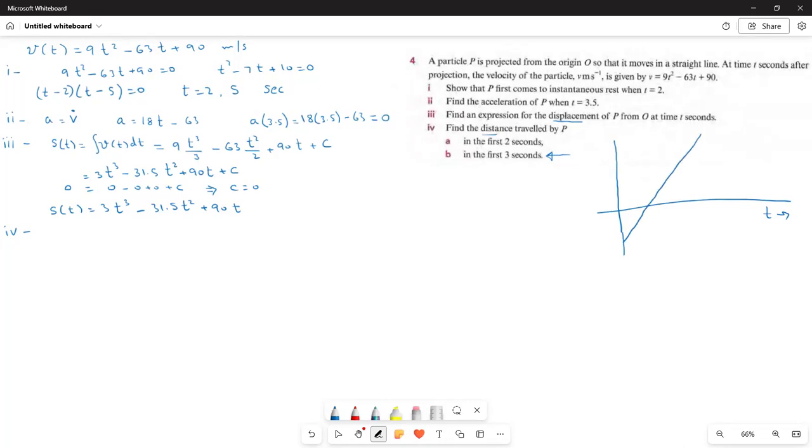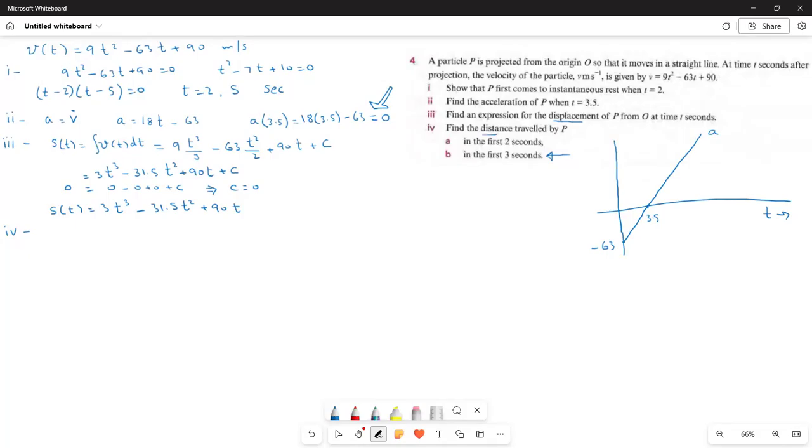At time 0, the acceleration was minus 63, as you can see from the expression. And at 3.5 seconds, the acceleration was 0. We found it over here.